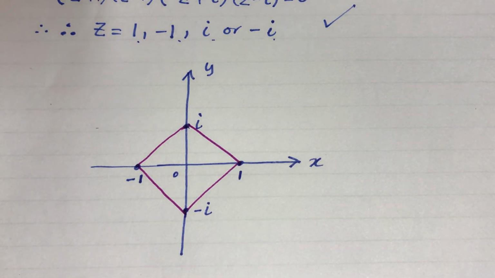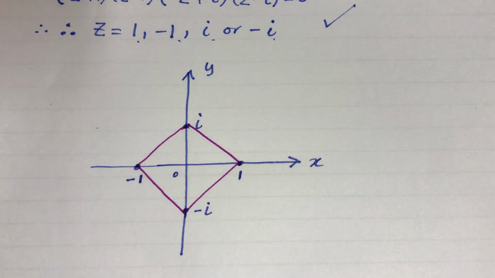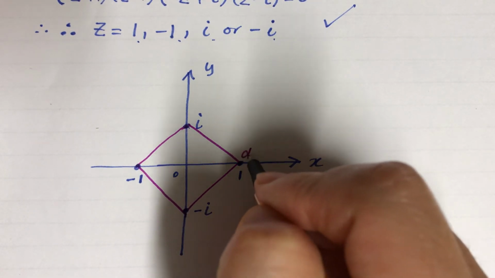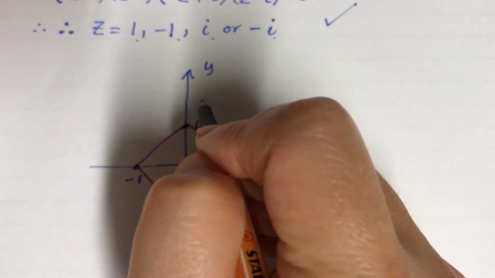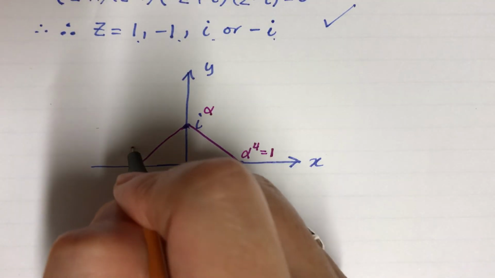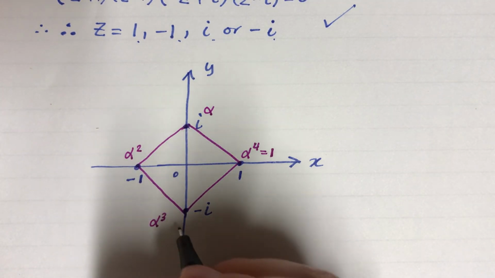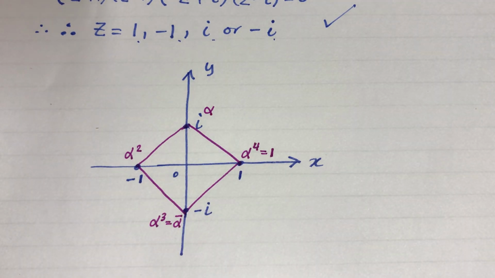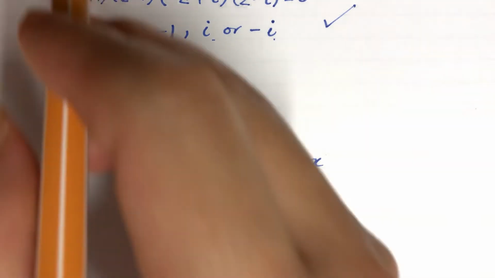That's what it will look like, or the roots on the number plane, well, complex plane. Okay, so let's have a look. So this one was alpha to the 4 equals 1. That was just alpha squared, alpha cubed.